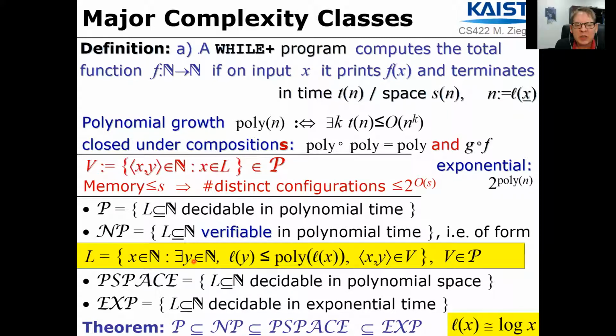So long story short, that means we only need one fixed amount of memory, like 50 bits for x, in order to test all possible candidate witnesses y.